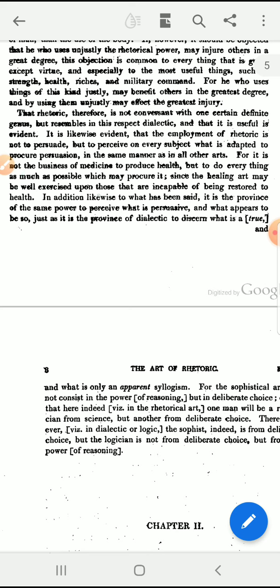In addition, likewise, to what has been said, it is the province of the same power to perceive what is persuasive and what appears to be so, just as it is the province of dialectic to discern what is a true and what is only an apparent syllogism.